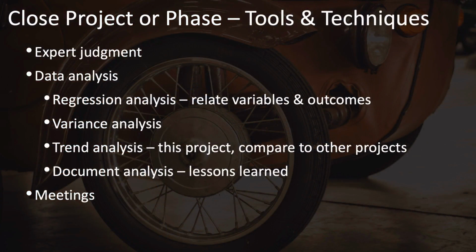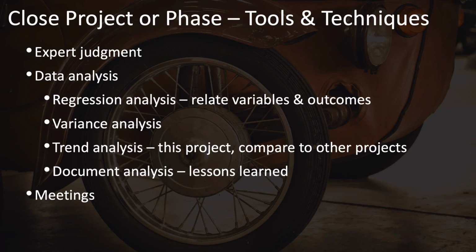Tools and techniques include expert judgment, some data analysis in which you can do a bit of regression analysis to relate different variables involved and see how they relate to your project outcomes. You can do some variance analysis to compare how well your project delivered compared to what was originally planned.